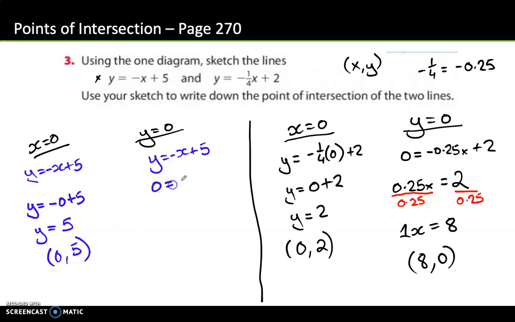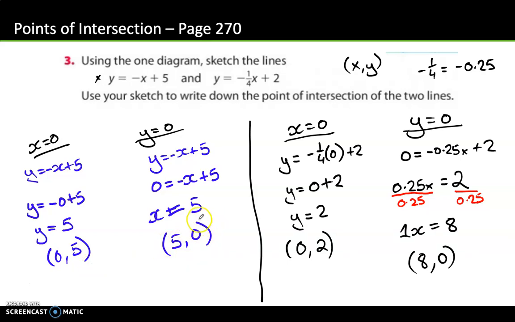So we have 0 equals -x plus 5. So I'm going to bring this negative x to the left hand side, and it's going to become a positive x, and that's going to be equal to the 5 on the right hand side. So the point is x first, which is 5, y second, which is 0, and that's my point.